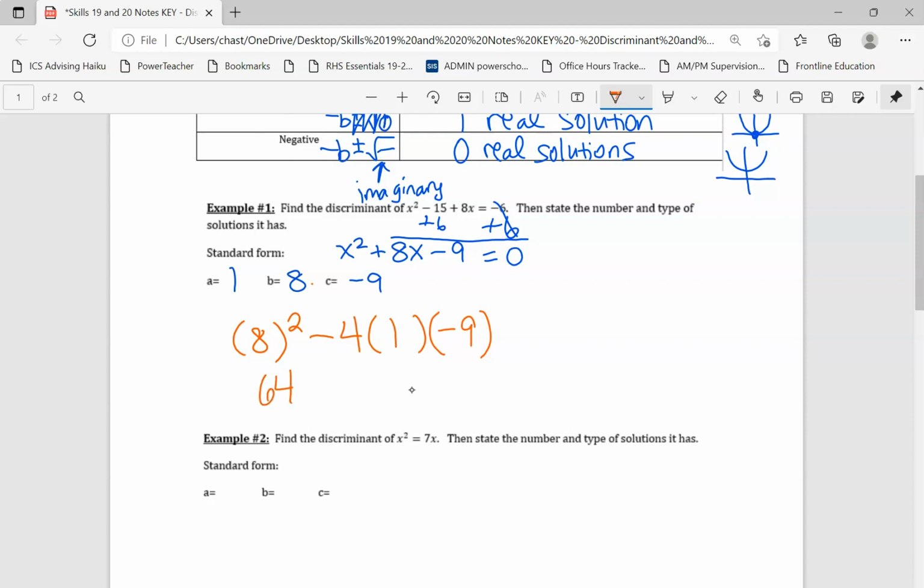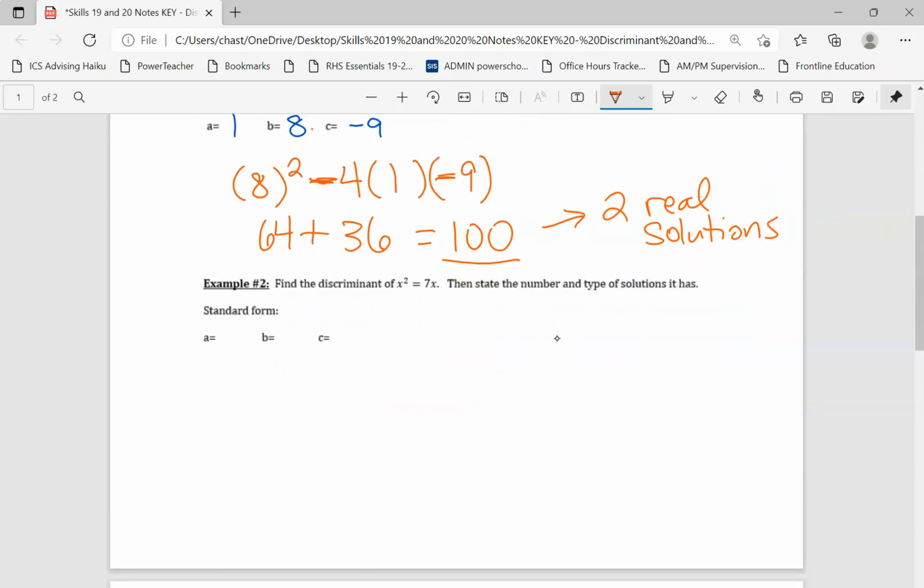So let's see, that gives me 64. And then I see that I have two minus signs, so that makes plus 36. And we end up getting a discriminant value of 100. So that means there are two real solutions because that's a positive number.